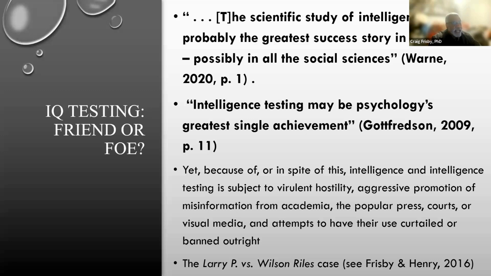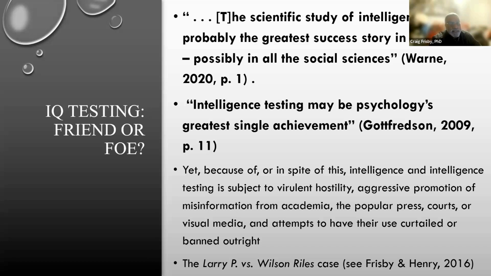And I do have to say to start off that there are many quotes that you'll run across in the psychology literature that will say things to the effect of, and I'll just read this first quote. Warren in 2020, and he published a book on IQ testing, and he makes this statement on page 1 of the book.